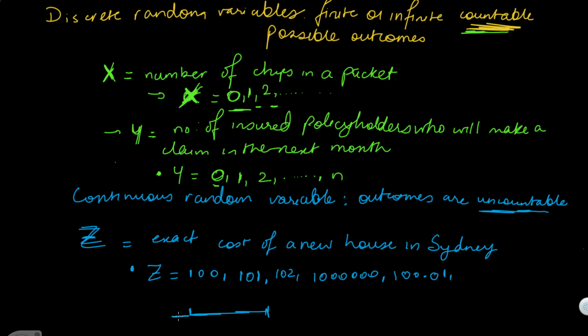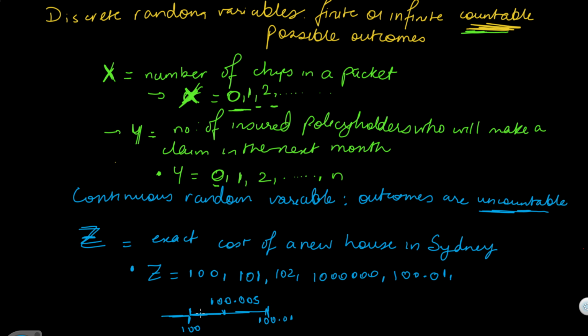So for the outcomes for Z, let's say there is the $100 outcome, and there is the $100 and 1 cent outcome. Now, even between these two outcomes, there could be a third outcome, let's say $100 and half a cent.